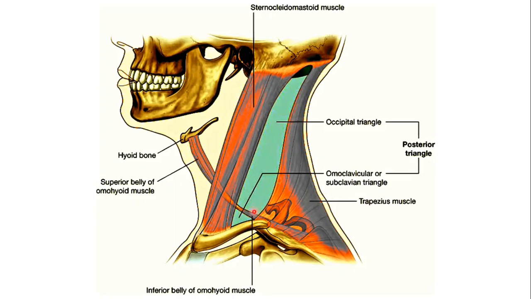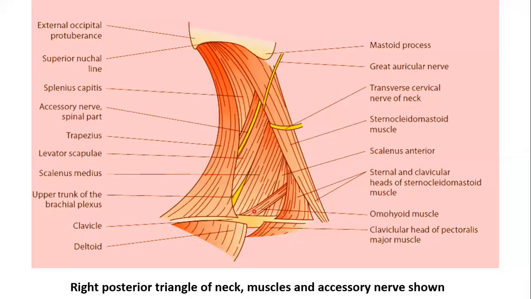And here you have to identify one thing. The sternocleidomastoid has two heads, and between the two heads there is the lesser supraclavicular fossa.